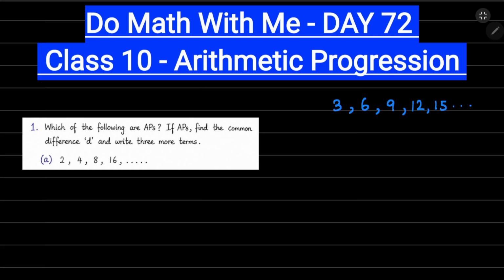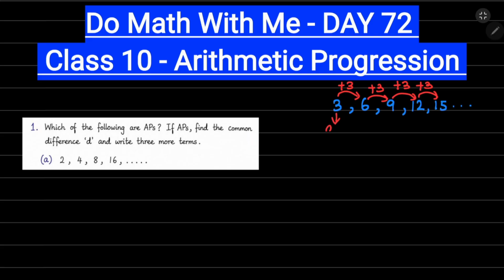This is a sequence of numbers wherein every consecutive number is obtained by adding a fixed number, that is plus 3. 15 plus 3, 18, 18 plus 3, 21. It would go on. So here, if you see the difference between any two terms, that is 6 minus 3.